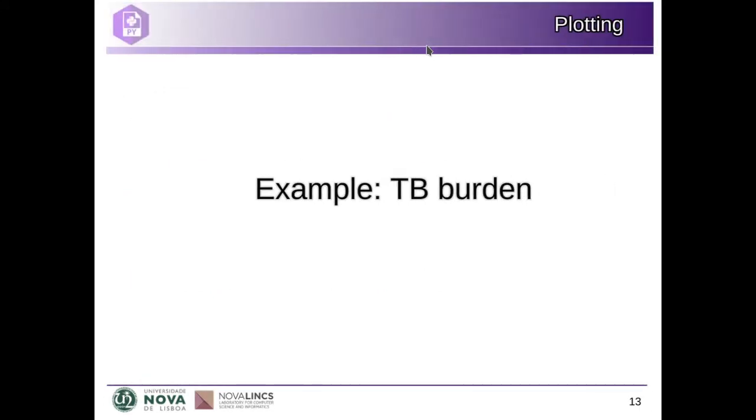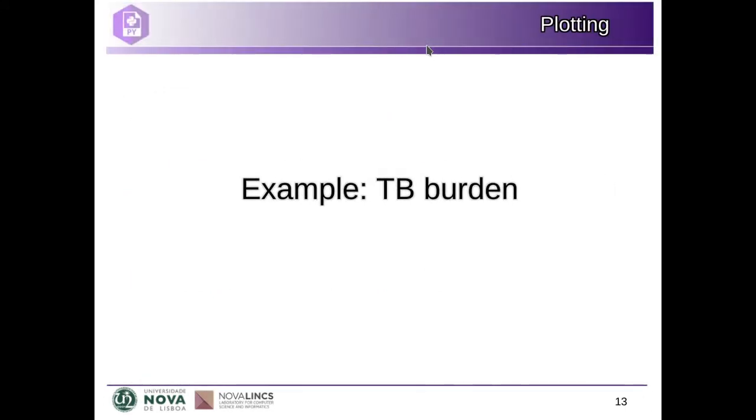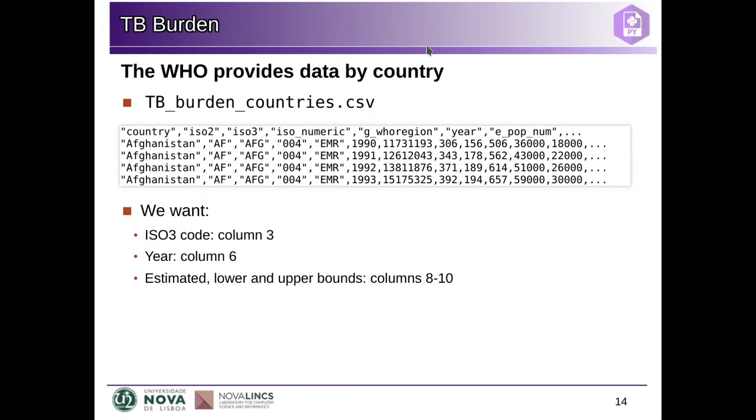So now let's look a bit more in detail at tuberculosis. We were using a very simplified file with data for Portugal only. But actually, if you go to the World Health Organization site, you can download this data and you have a more comprehensive file with data for many different countries. And the format is like this.